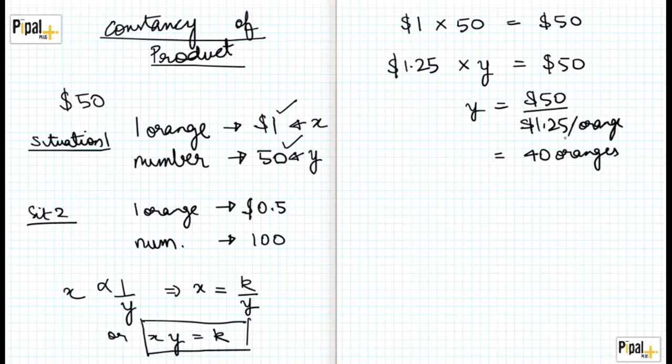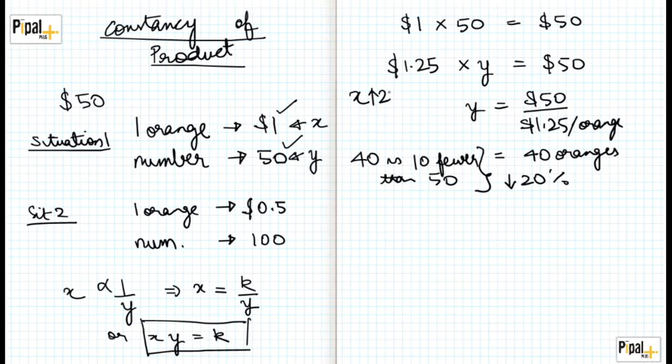Now 40 is 10 fewer than the original 50, or in other words, 40 is down by 20%. So you notice that I've increased x by 25% and y has gone down by 20%. It has not gone down by 25%, right?